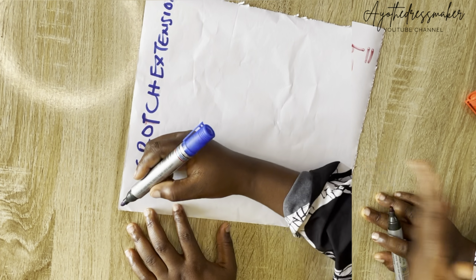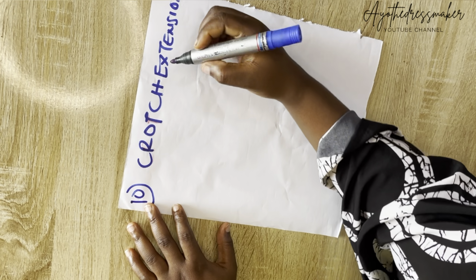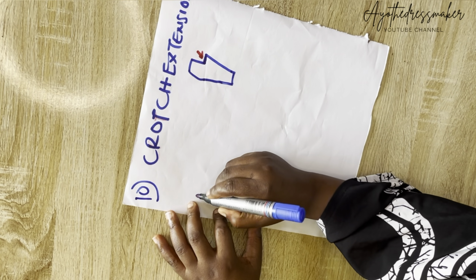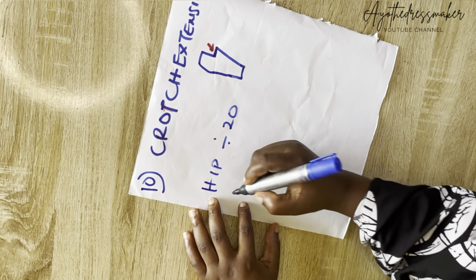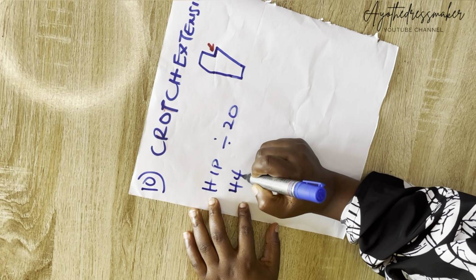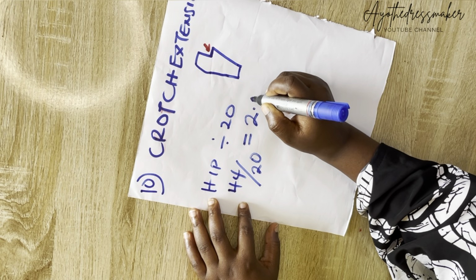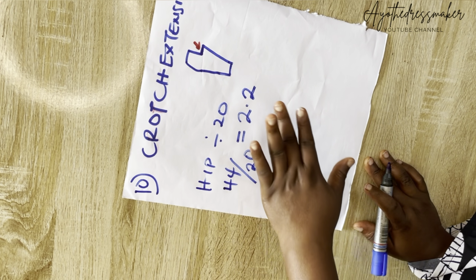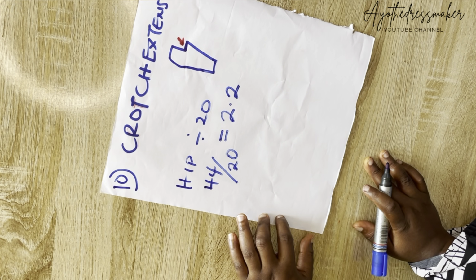And another formula that I always find very helpful is the crotch extension formula. For a fitted trouser, I always use hip divided by 20. For someone using hip size 44, divided by 20 is going to give you 2.2, and this is going to be the crotch extension value for this hip size.